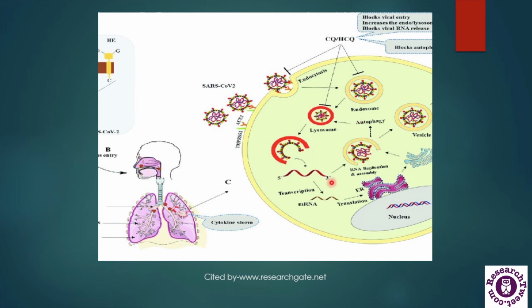With the help of different complexes, they are transcribed and replicated and form different copies of the single-stranded RNA molecules. Now they are translated into protein molecules and move into the endoplasmic reticulum, and then they are fused into vesicles and exported to the cell membrane, and after that outside the cell. So this is the whole mechanism of action of the COVID-19 virus.